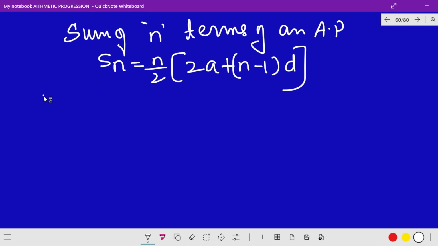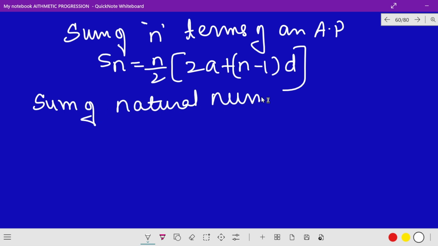So now if I ask you to find the sum of natural numbers, how do you create an AP? First you need to create an AP, that is 1 plus 2 plus 3 and so on.